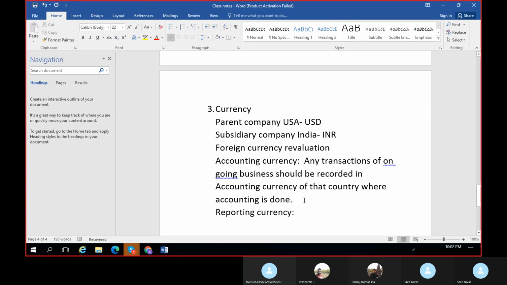But reporting currency, the name itself defines it: the reporting currency means the financial reports. The financial reports means the P&L account and the balance sheet, or modules like accounts payable, if they need any report, depending on the stakeholders' requirements, any financial management reports, right?